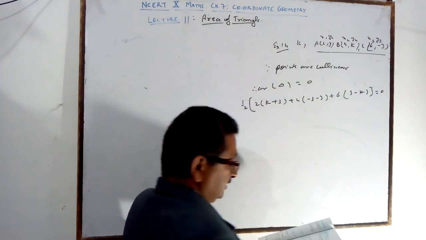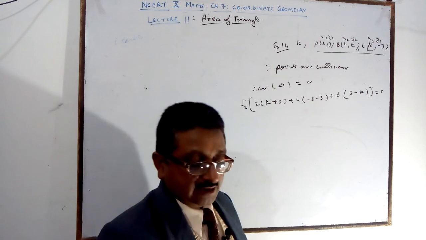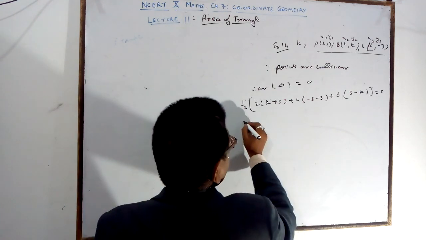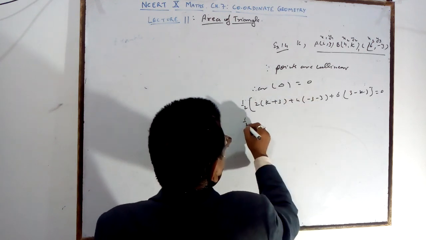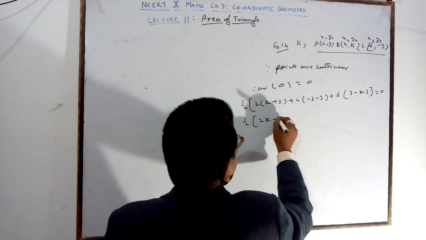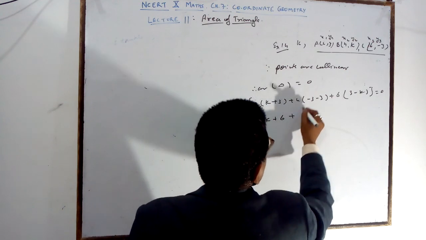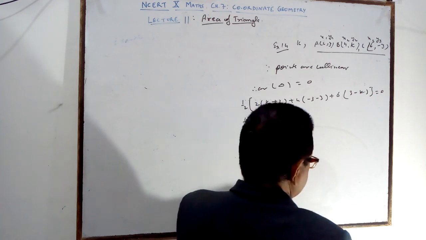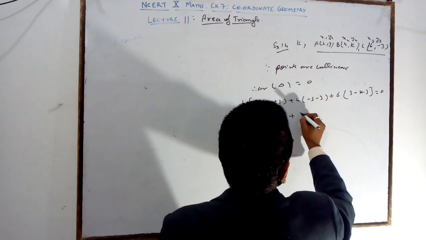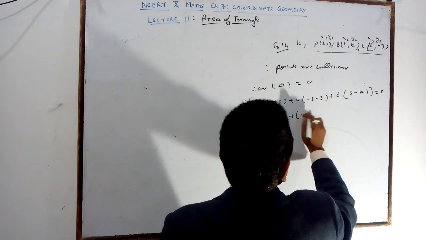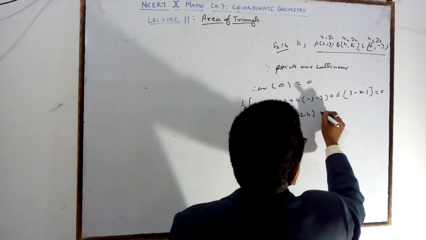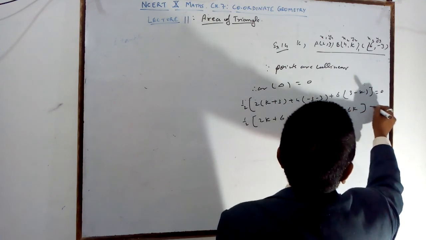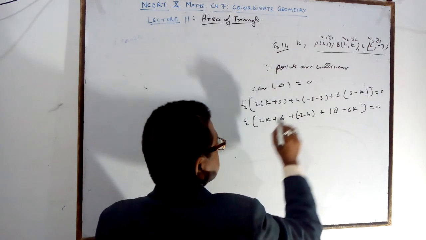You will get this. It is all given values. It is equal to 0. Now you solve it. What will you get? Here I have written half in bracket 2k plus 6 plus 4 into minus 6, minus 24, plus 18 minus 6k is equal to 0. Half will go to that side, 0.